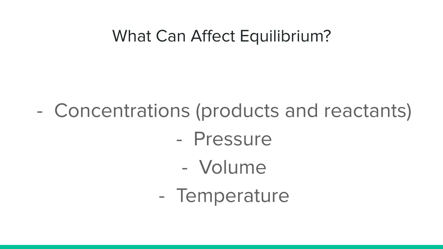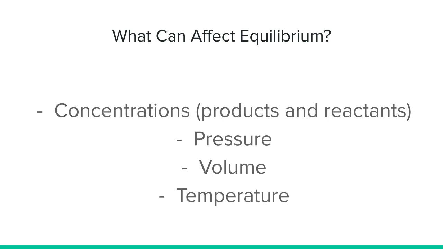Now, out of the bundle here, and we'll summarize this in a few minutes, temperature is the only one that has the ability to actually change the value of the equilibrium constant. So when you change the temperature at which the system is operating, you don't only disturb the equilibrium and create shifts in the equilibrium process, but when it reestablishes equilibrium, it will set up a new Kc or Kp value because you're actually tinkering with thermodynamic parameters, which is going to change the overall position of the equilibrium in terms of the reaction itself.